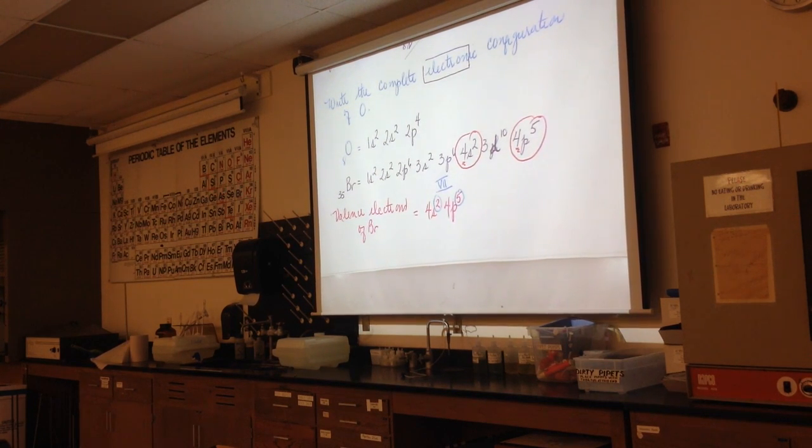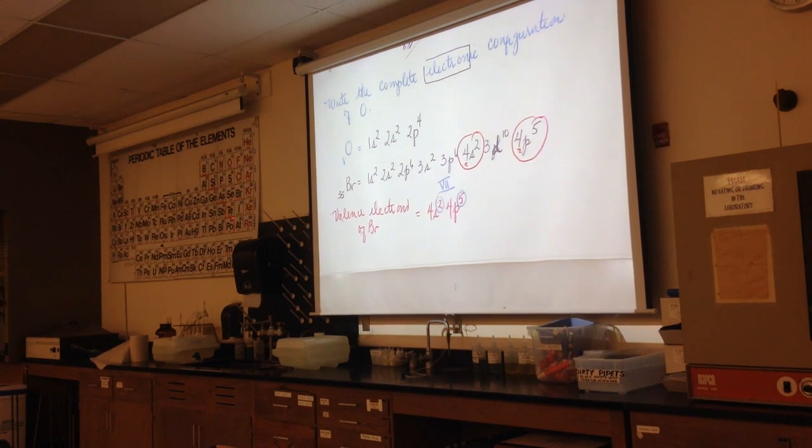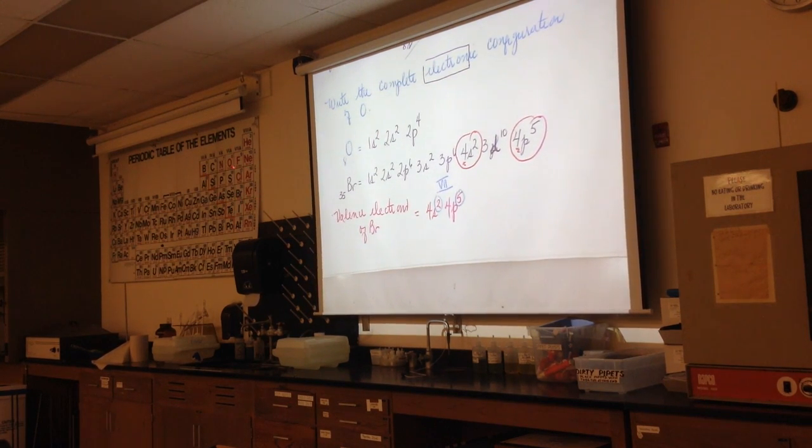So what happens with iodine? What's going to be the valence electrons for iodine? 5s2, 5p5, right? If you're iodine and I want to know your valence electrons, put your finger on iodine in group 7, and go to the 5th energy level.